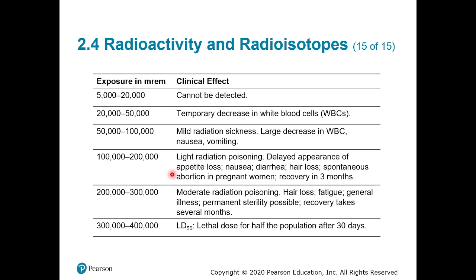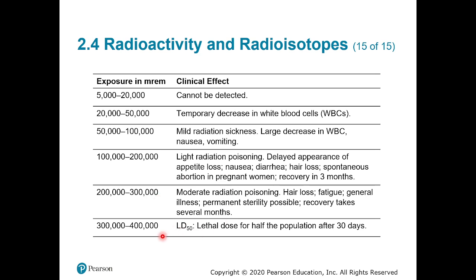Okay? And so this would be 200,000 to 300,000 millirem. This is what's considered moderate radiation poisoning. You have hair loss, fatigue, general illness, permanent sterility is possible. Recovery typically takes several months if you're going to recover fully.